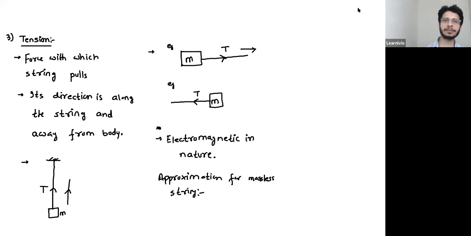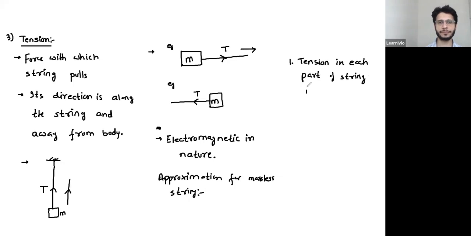If your string is massless, then the first approximation is that tension in each part of the string is the same. Like say you take a string and two masses.